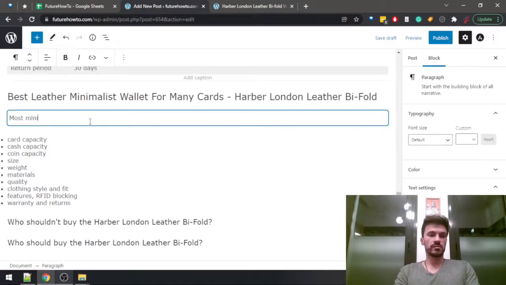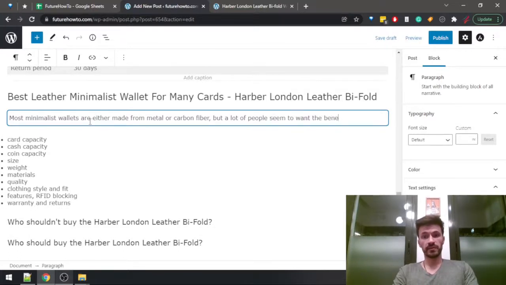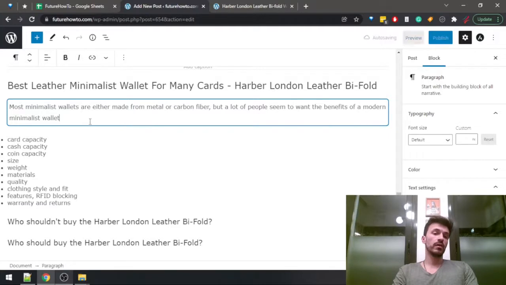Most minimalist wallets are either made from metal or carbon fiber, but a lot of people seem to want the benefits of a modern minimalist wallet while still being kind of nostalgic for the way old leather wallets used to look.